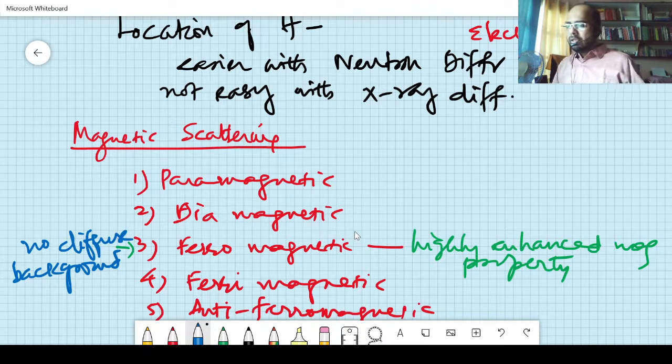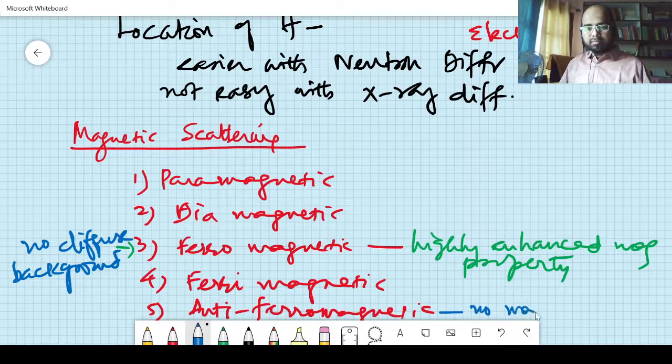Now in the case of an antiferromagnetic substance, there is also a coherent spectrum. Therefore, diffuse background is absent. Antiferromagnetic means there is no net magnetism.